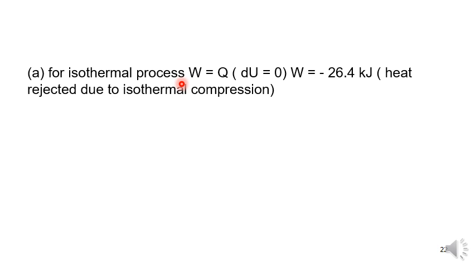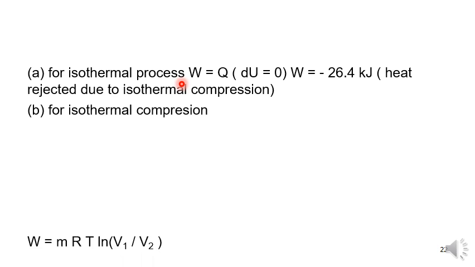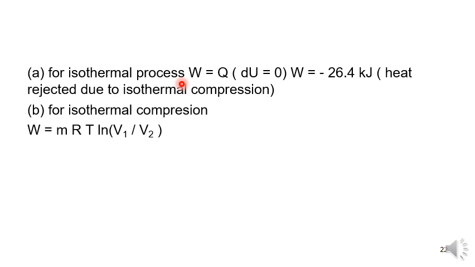In the problem they didn't give the V value, so we can write the formula as W is equal to m R T ln V1 by V2. Log base e or ln, both are the same.